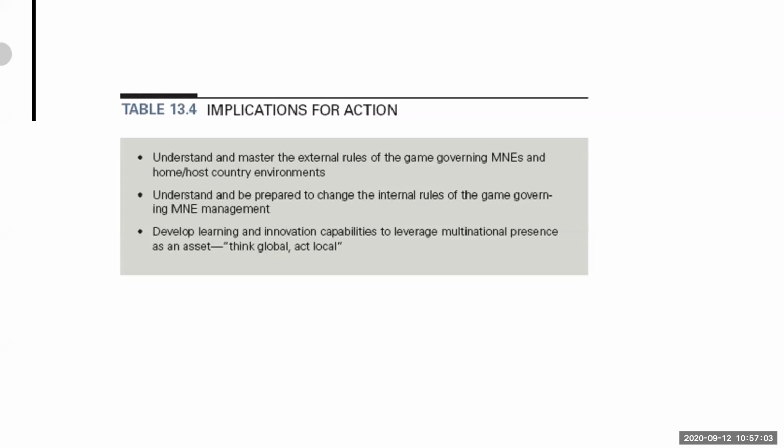Do you have to replicate your home capability and products? Do you want to localize it? What is that balance you want to have? And if you're having a subsidiary, how much control you want? It depends on what your strategy is.